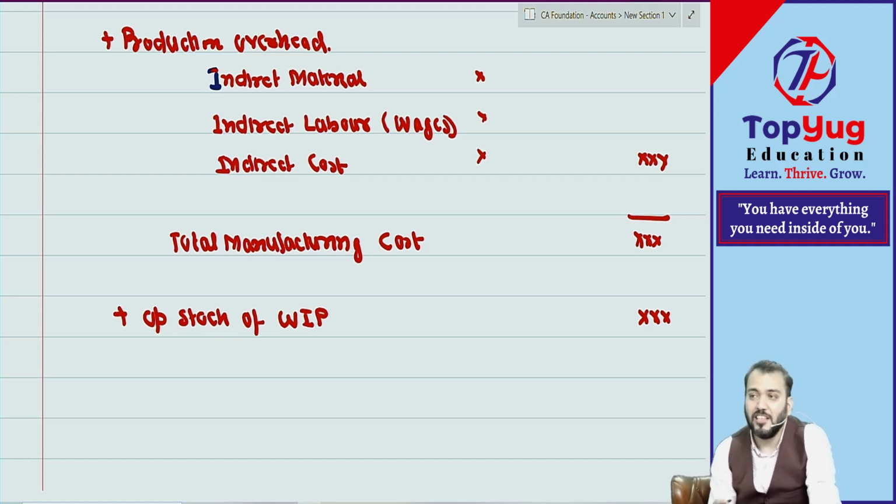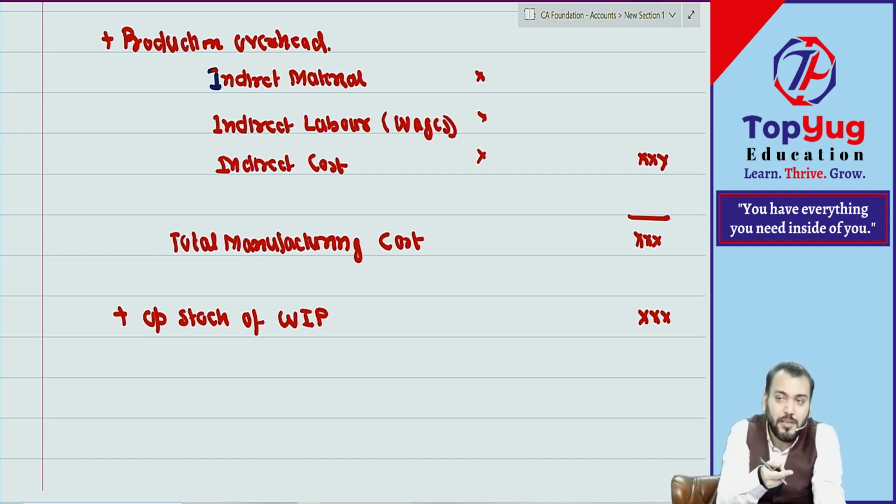Correct? Last year's opening stock of WIP will be added to current year manufacturing cost, because out of that also some will be produced. And from this what will we deduct? Closing stock of WIP.